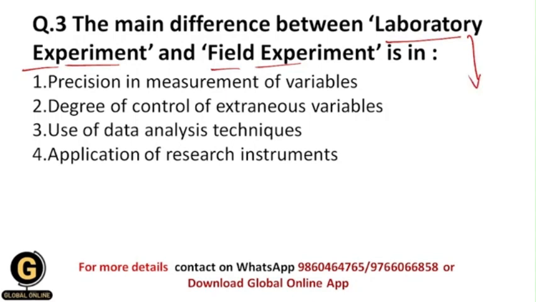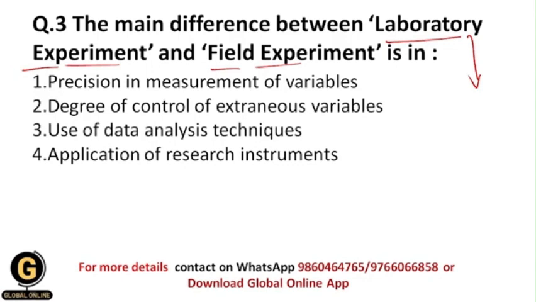A field experiment is done in the natural environment. That's why in the laboratory experiment we can control all of the extraneous variables, because all of the situations are under our control. We make an artificial environment, which is called the laboratory or controlled environment.